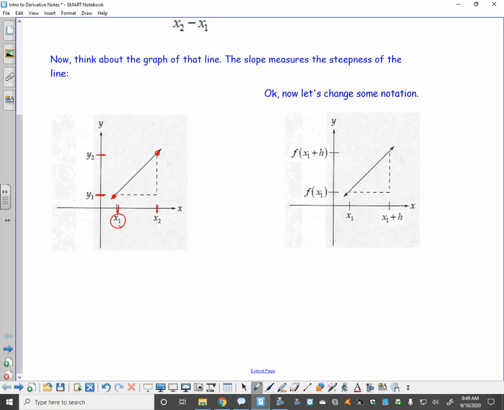instead of this being x sub 1 and x sub 2, I'm going to let this be x sub 1. And then instead of x sub 2, I'm going to let this be x sub 1 plus h. So guys, h represents the distance that you're traveling here. So if this is at 3 and I'm going 2, then this would be a 5. So it's this one plus the distance. So h is the distance that you're traveling.